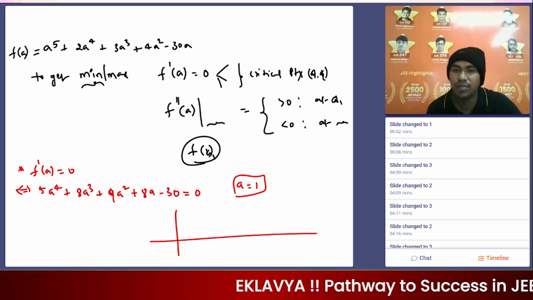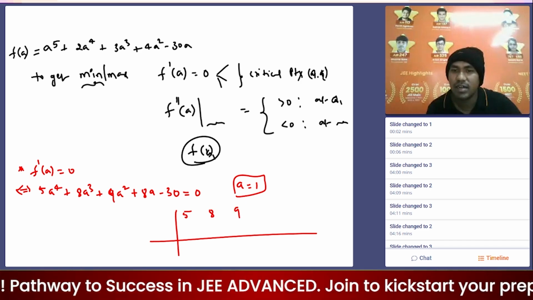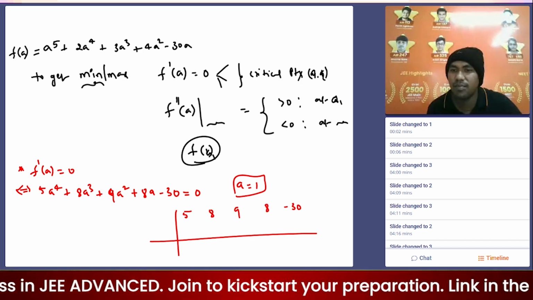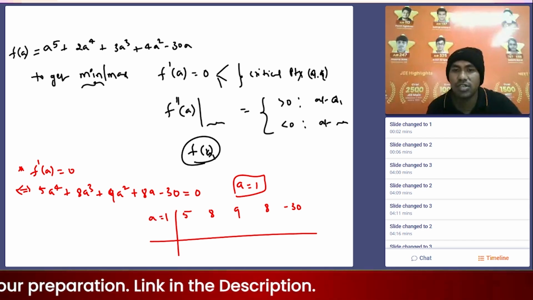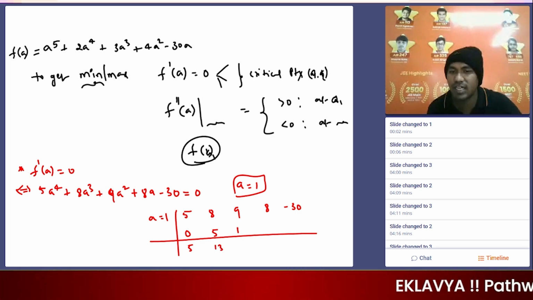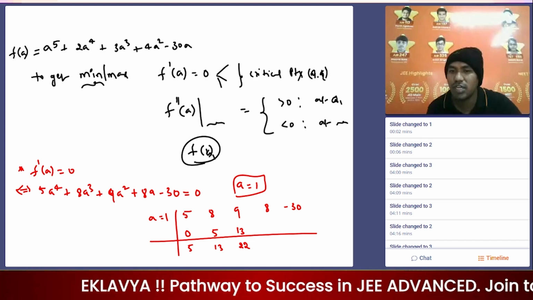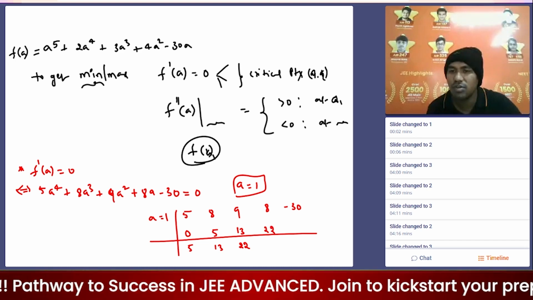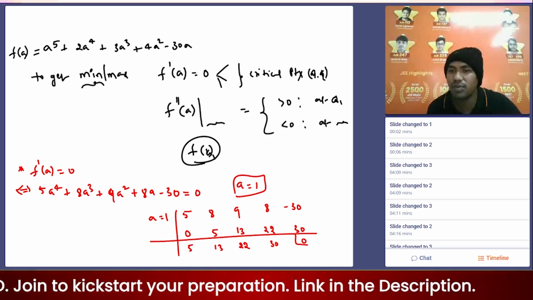Take the coefficients first: 5, 8, 9, 8 and minus 30. With a equals 1, we start with 0. 5 plus 0 is 5, and 5 ones are 5. 8 plus 5 is 13, 13 ones are 13. 9 plus 13 is 22, 22 ones are 22. 8 plus 22 is 30, 30 ones are 30, which gives 0.